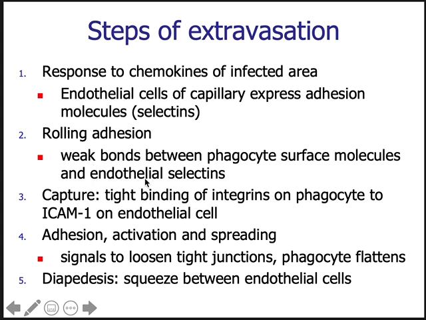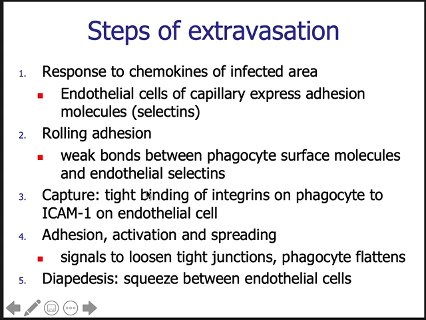So the endothelial cells have these projections, these molecules that stick out from their surface called selectins. Phagocytes have their own surface molecule that will project out, and they'll grab onto each other, but they don't grab on very tightly. And so the force of the blood flow is going to cause the neutrophil to roll against the surface of the capillary.